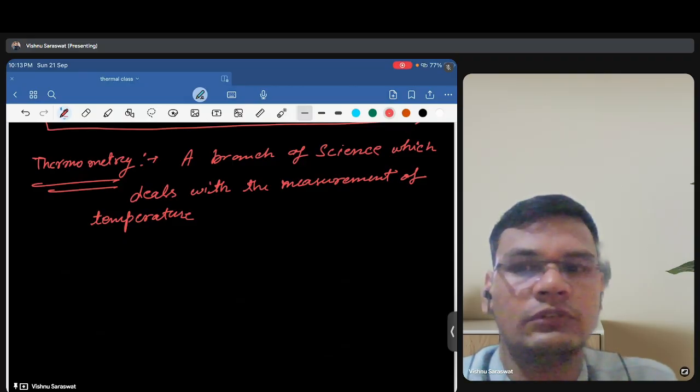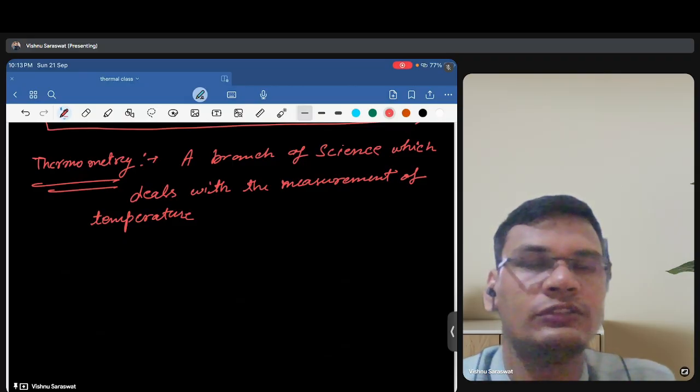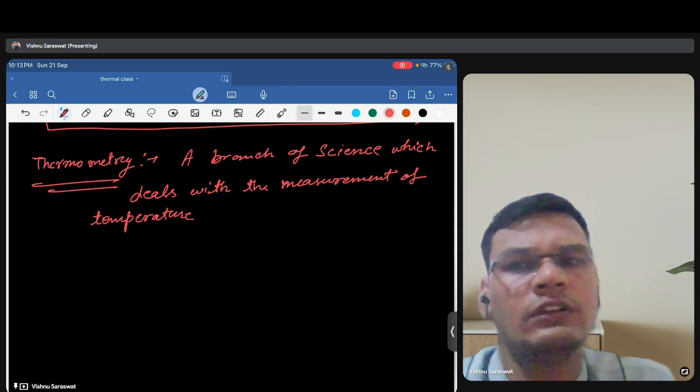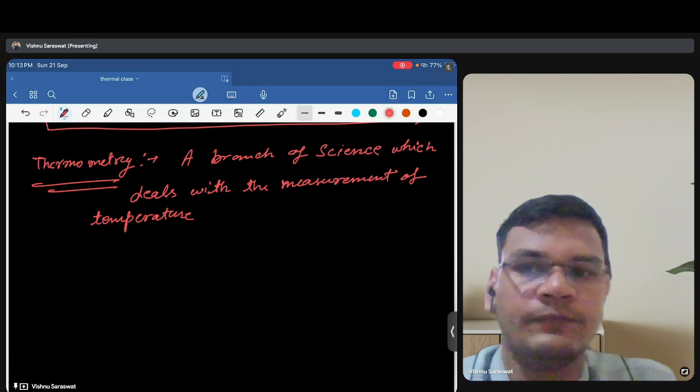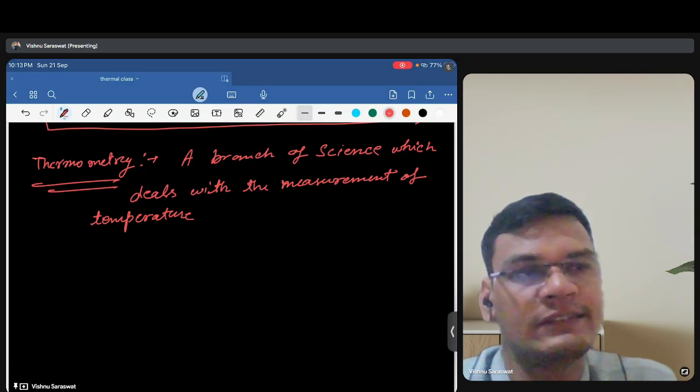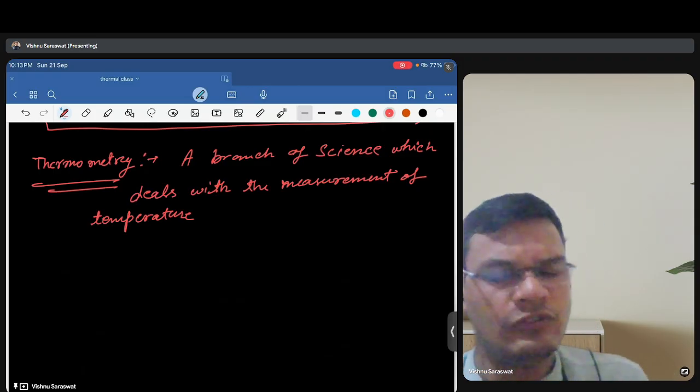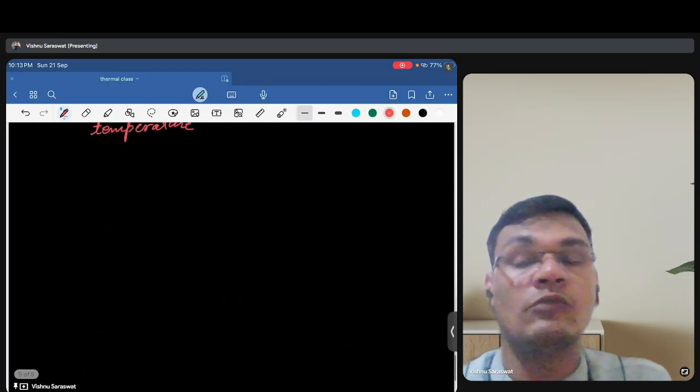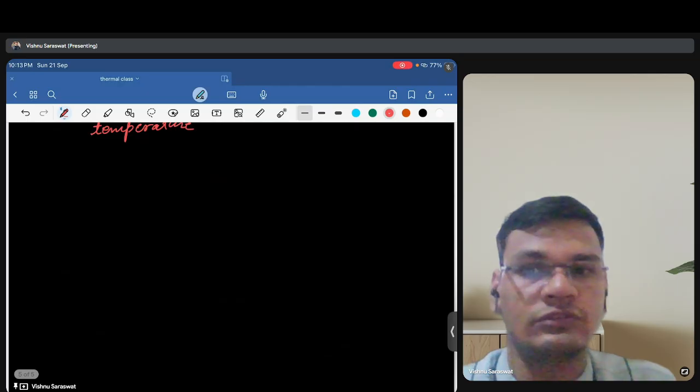Suppose the thermometric properties may be the length of the liquid in the capillary, pressure of the gas at constant volume.